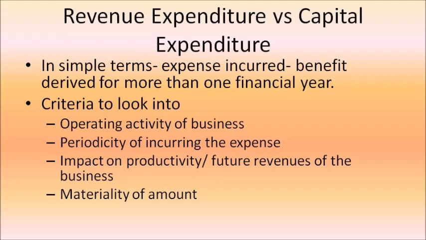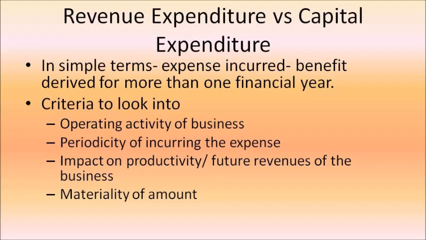That is, if the expense which I incurred on repairs and maintenance results in the machine operating at its 100% capacity, then in that case it is a revenue expenditure.